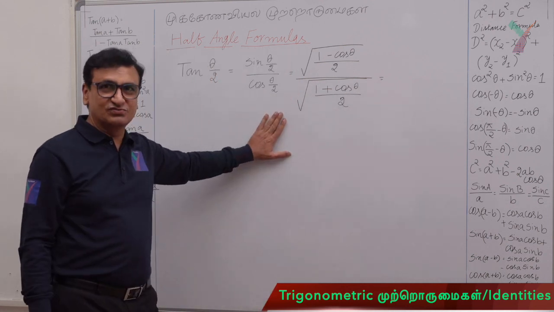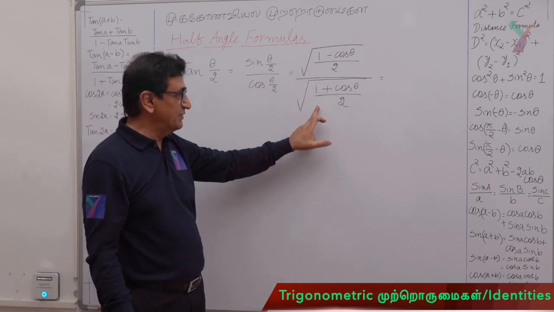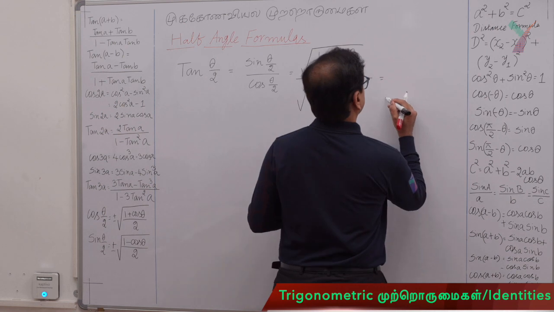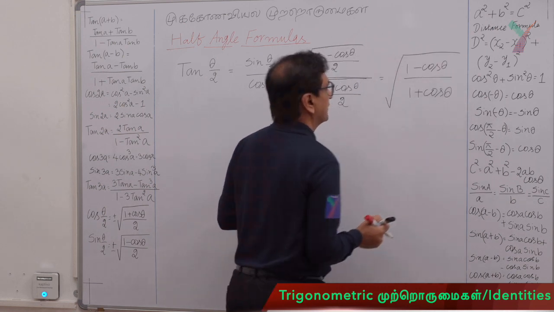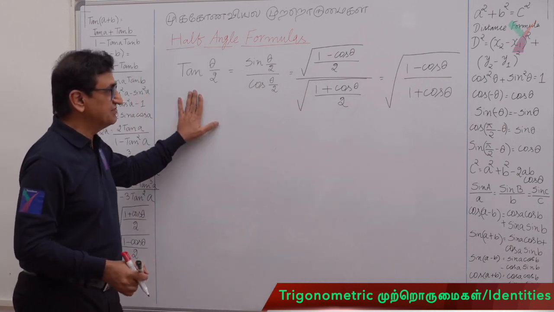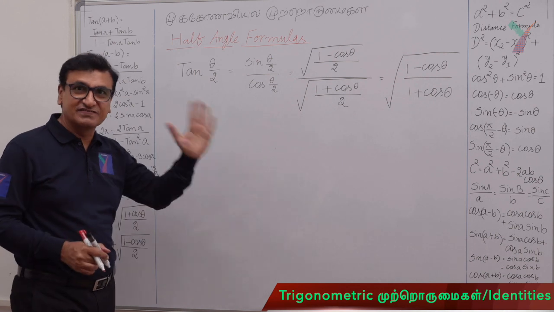This would simplify to whole square root of 1 minus cos theta divided by 1 plus cos theta.